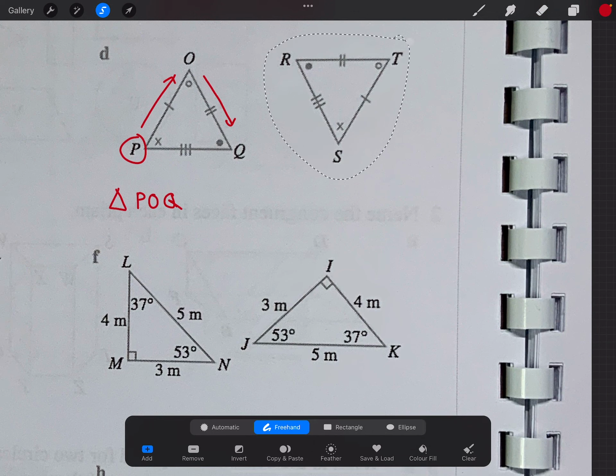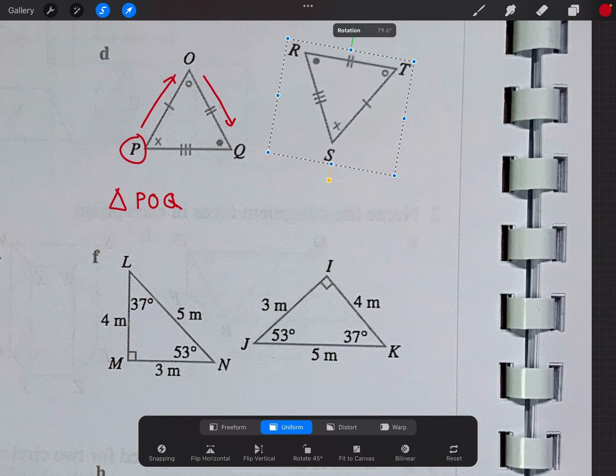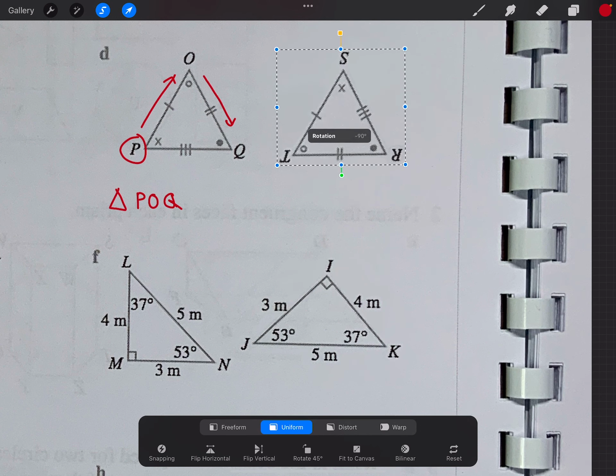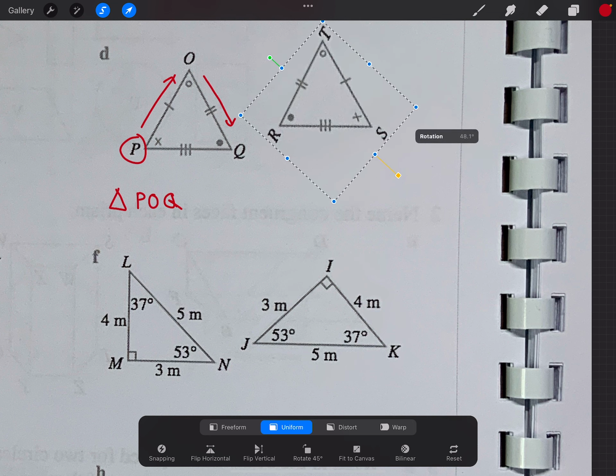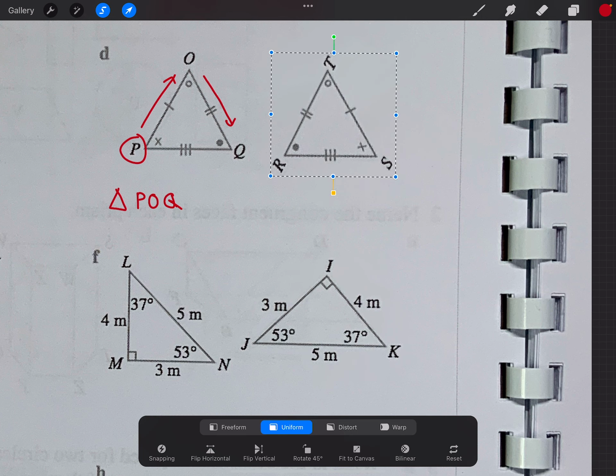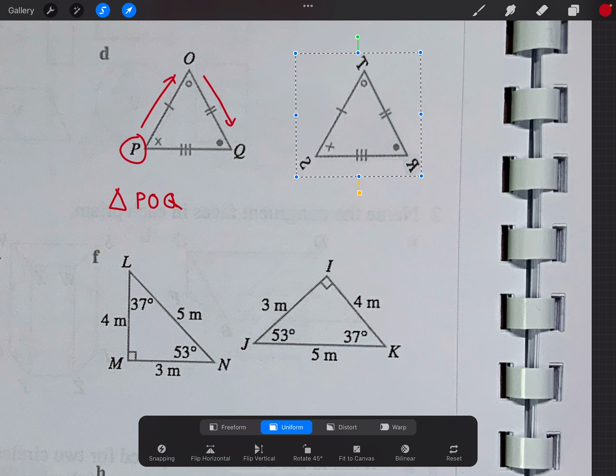Okay. So this triangle has been rotated. Oh wait, let me just keep this at the top. Whoops. Okay. And it has not only been rotated, but it's also been reflected.